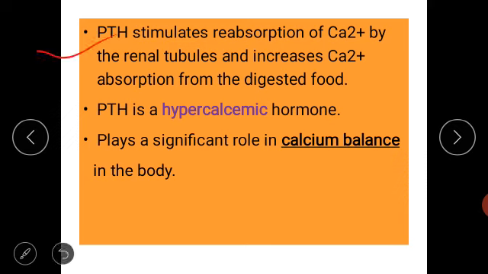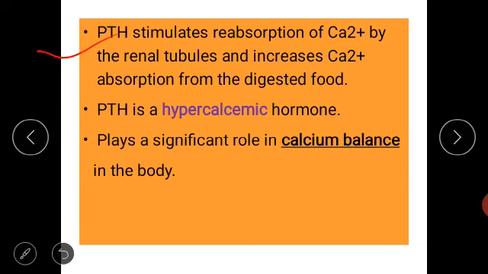Now PTH stimulates reabsorption of Ca2+ by the renal tubule, and increases Ca2+ absorption from the digested food. So what is done over here? PTH also stimulates the reabsorption of Ca2+ by the renal tubule and increases the Ca2+ absorption from the digested food. So for absorption of Ca2+ ions from digested food, parathyroid hormone stimulates the absorption of Ca2+ by the renal tubule.